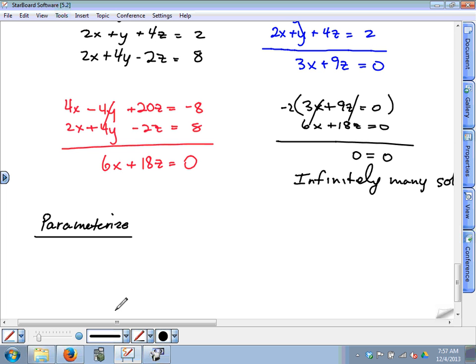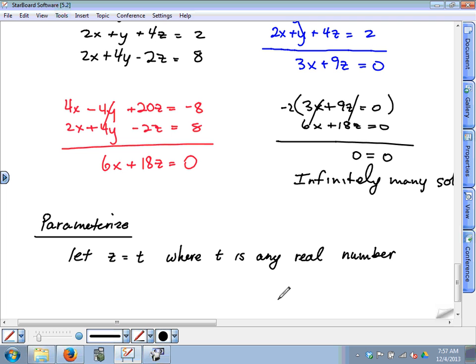And it's done this specific way only by convention. It doesn't necessarily have to be done this way, but I would like you to do it this way because it's going to be easier for me to grade. According to convention, we set up a parameterization, and we're going to let z equal a parameter t, where t is any real number.